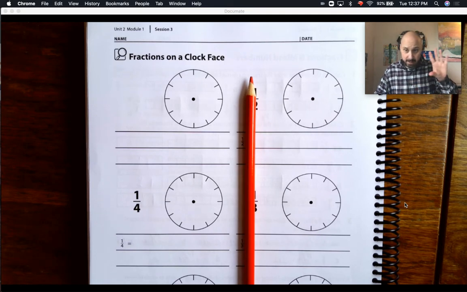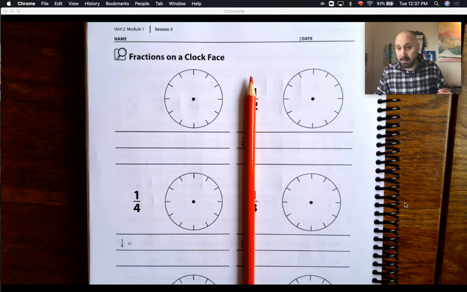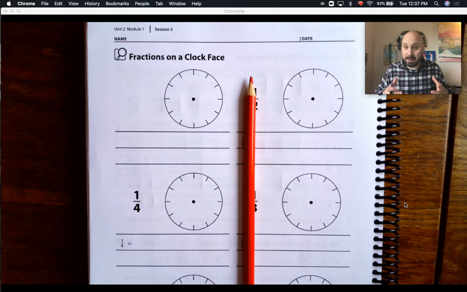Before, we did the money model, which is out of hundredths. A clock face is a little different. We can use part of the money model with our clock face, but the clocks are broken up into 12 equal pieces, right? If we think about a clock, we have 12 different slices because there's 12 hours in a half of a day.